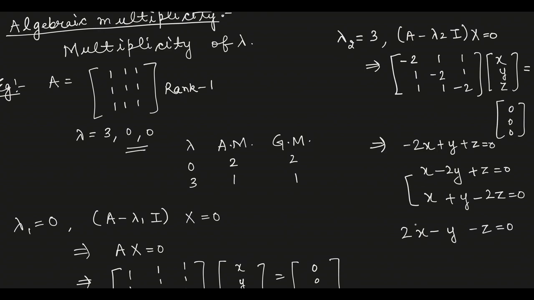And add this first equation, minus 2x plus y plus z equal to 0.